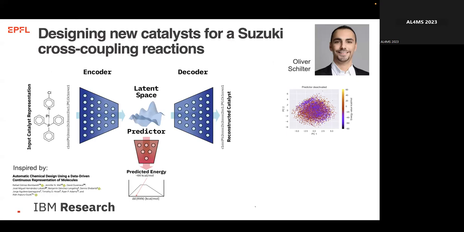And instead of just doing an auto encoding from catalyst representation to catalyst representation and trying to optimize only for that, we also had a predictor module that would, from the latent space, predict the energy directly. This is the part that you have in red underneath, and using this second supervision signal, it structured the latent space quite nicely.